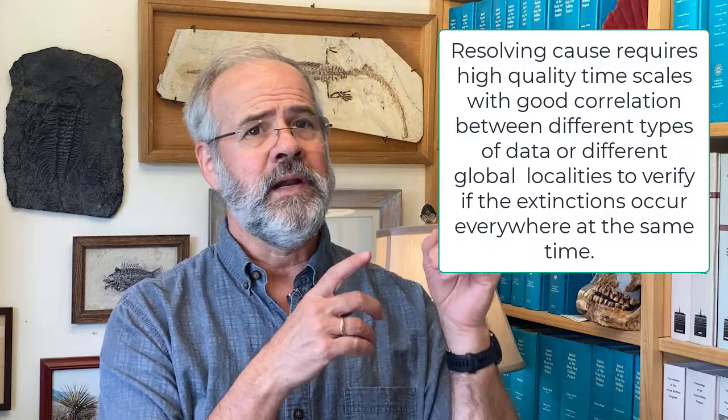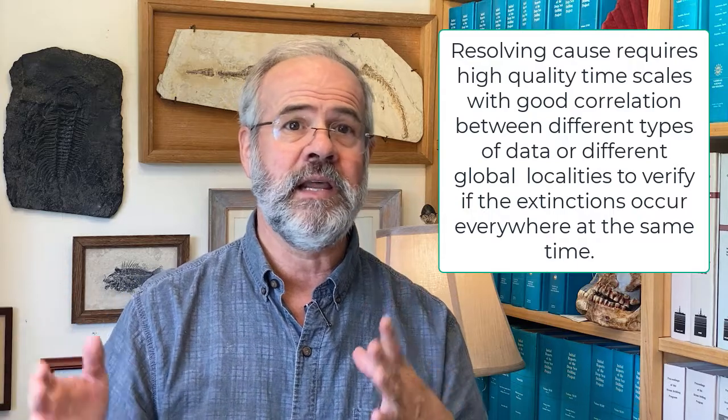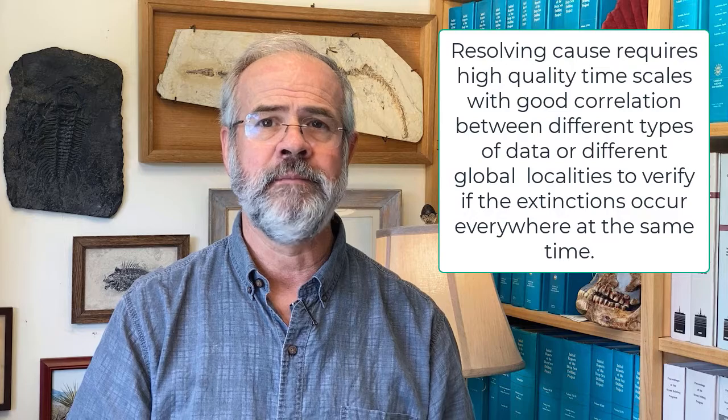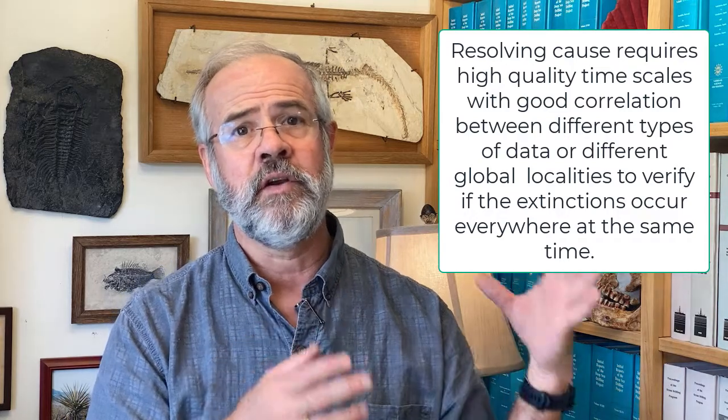To resolve the causes of mass extinction, we need a couple of pieces of information. First, we need high-quality timescales, and these have several components. For instance, it's critical to have good correlation between various records of an event that specify the pace and nature of environmental change and the extinctions that we're trying to explain. Correlation allows us to determine if the same events happen at multiple places on Earth at the same time.